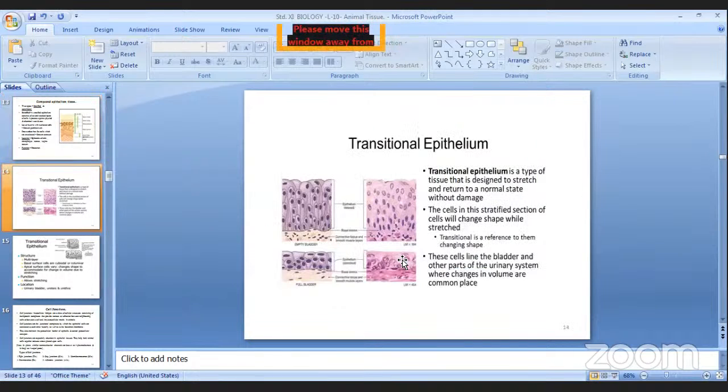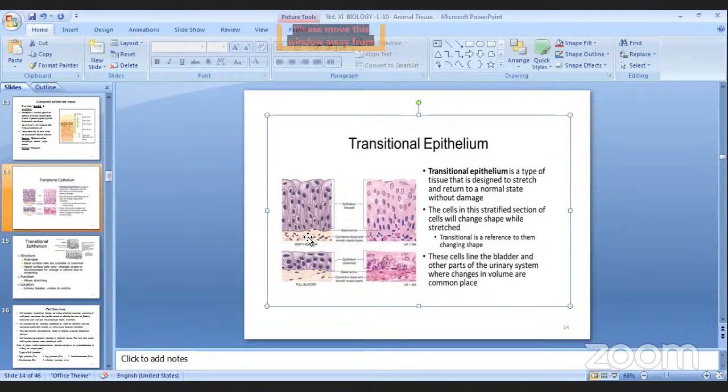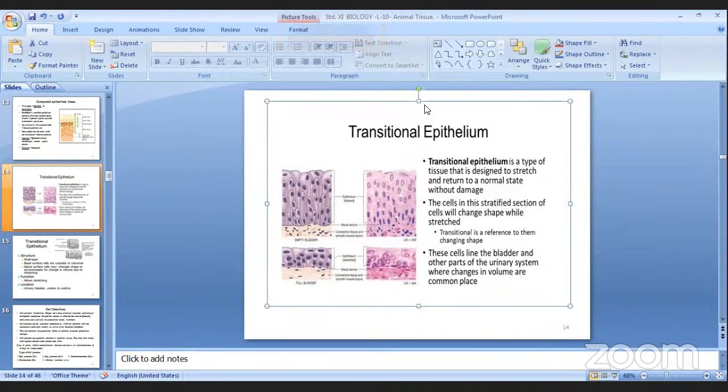Next is transitional. Transitional means it expands and again comes back to its original position. Now you can see here in this diagram, students, I'll enlarge this. Transitional epithelium is a type of tissue that is designed to stretch and return to a normal state without damage.